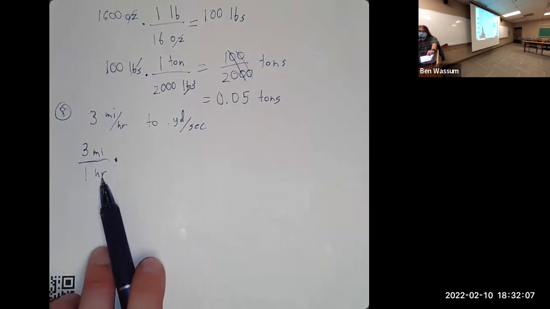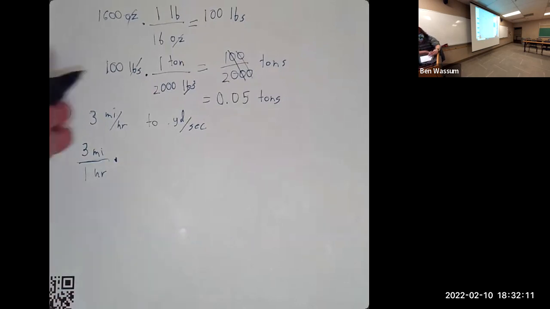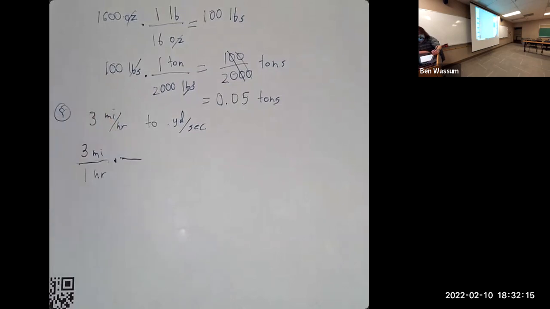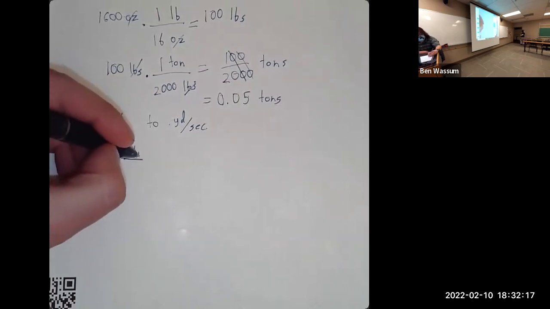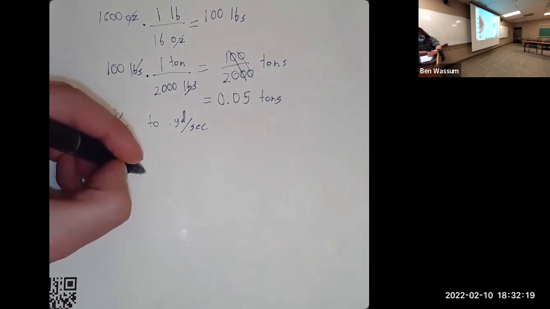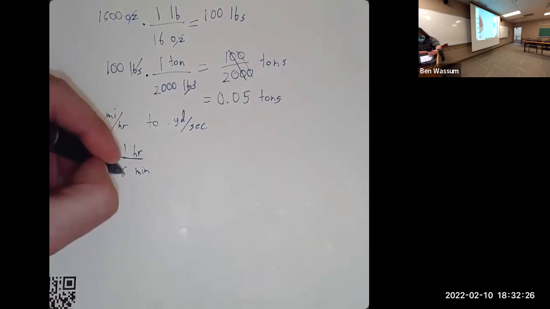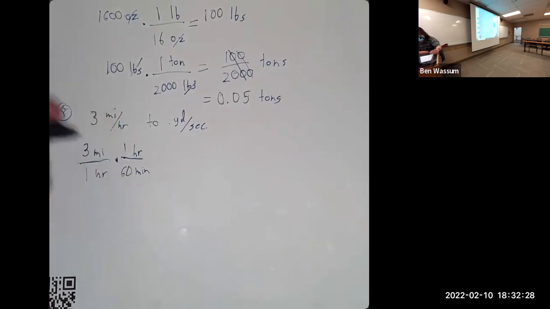Hours is the easiest one to play with, right? We know we can go from hours to minutes and minutes to seconds. So we're going to have our conversion unit for going from hours to minutes right here. 1 hour, 60 minutes. And then the hours cancel out.